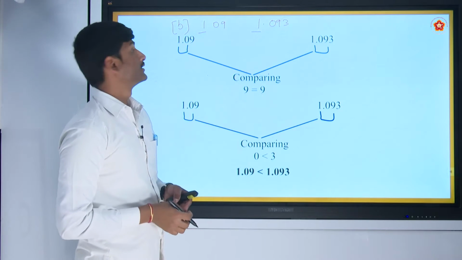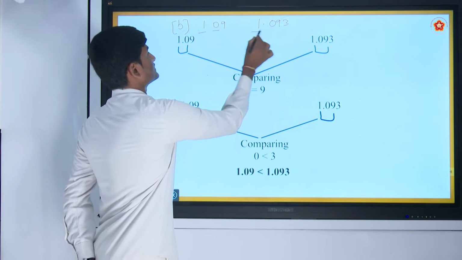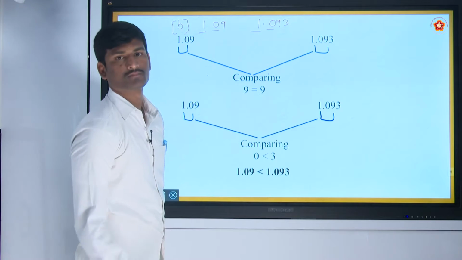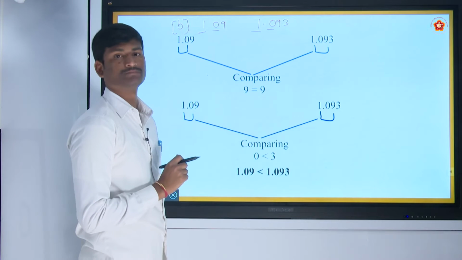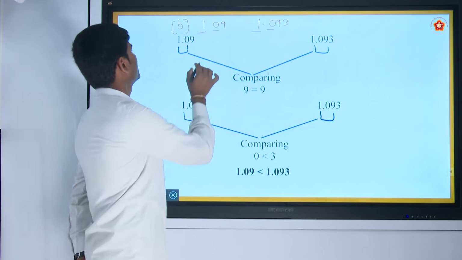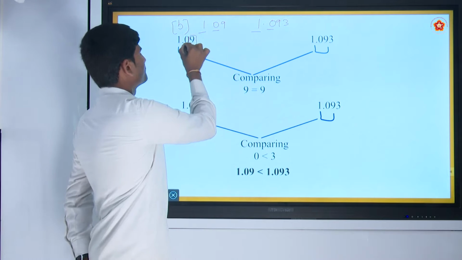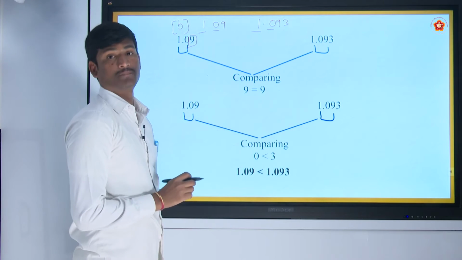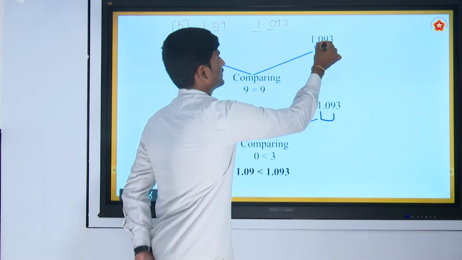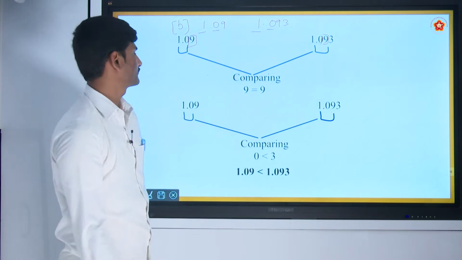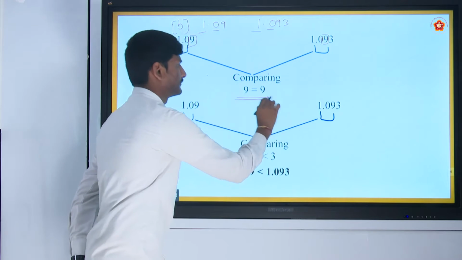Then comparing the tenths place, 0 and 0, both are the same. Then comparing the hundredths place, 9 and 9, both are the same.